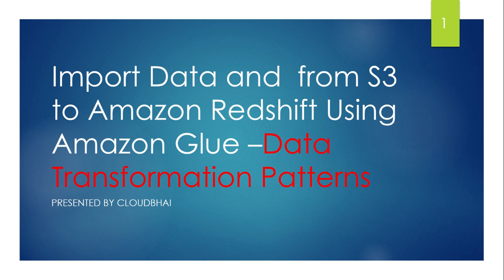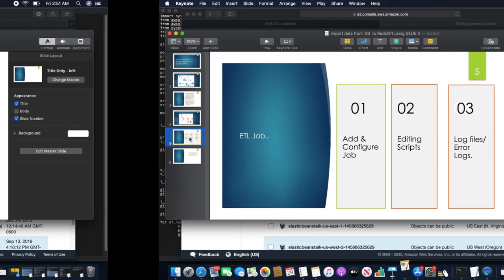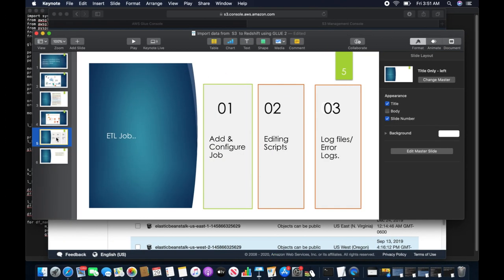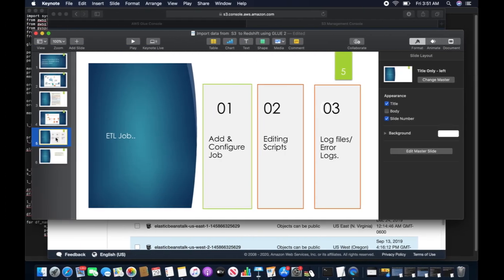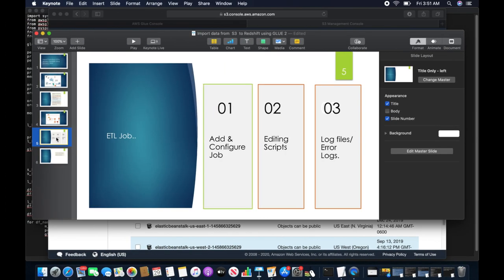I'll be editing this AWS Glue transform script, doing a join on one of their columns, and then creating a single Redshift database table which has the data from both the CSV files.